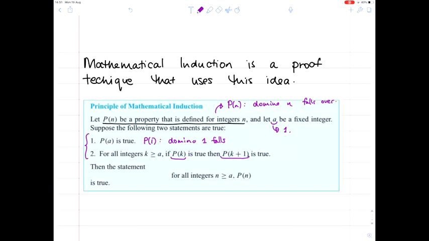In our example, this was if domino k falls, then domino k plus 1 falls. Because we know that these two things are true, we can conclude that for all integers bigger than our starting value, which in our case was 1, our property is true, which in this case means that all dominoes fall.